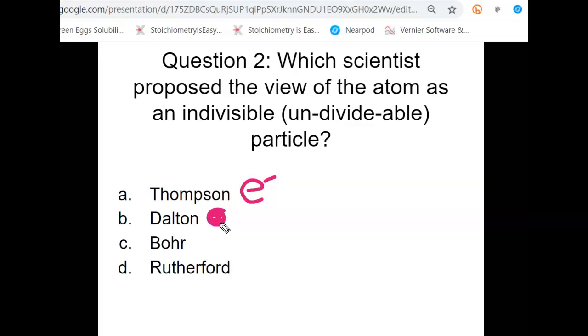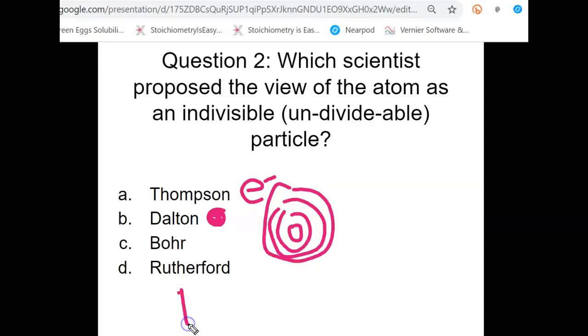Bohr said that the atom has a nucleus and then the electrons that orbit the nucleus. That's what Bohr said. And Rutherford got credit for identifying the positively charged nucleus. All right. He didn't actually know that there were protons and neutrons in there. He just said there was a positively charged particle. So if you chose Dalton as the correct answer here, then you got that one right.